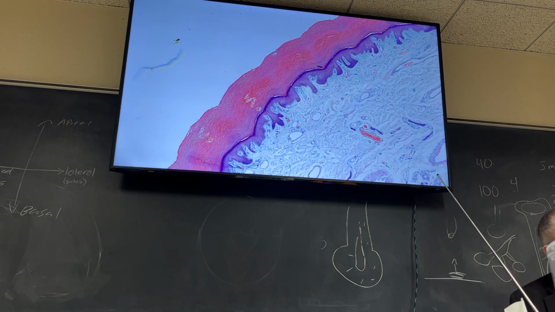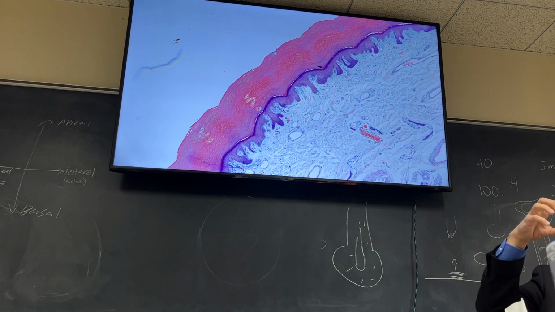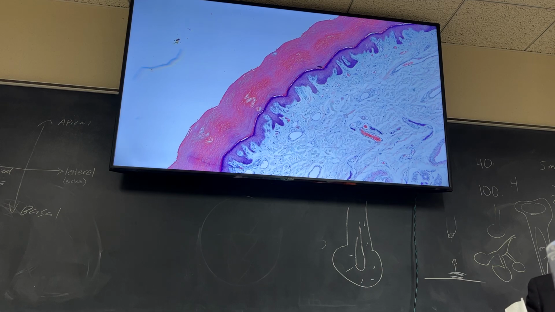So now let's go back to 1 here. What they're talking about in number 1 is this interdigitation of the skin and the papillae. We talked about this in lecture already. And this is what gives you that gripping ability, right?